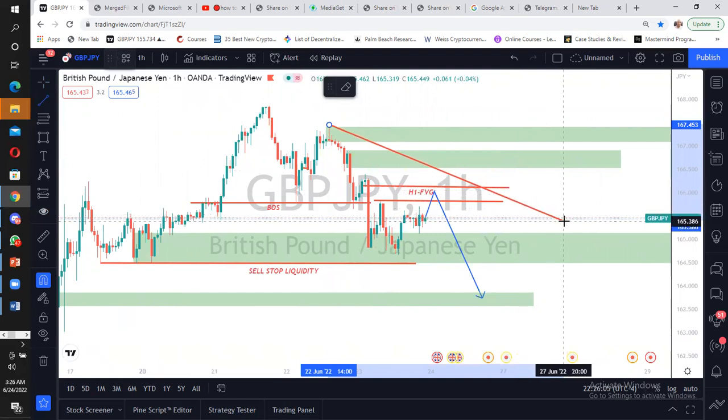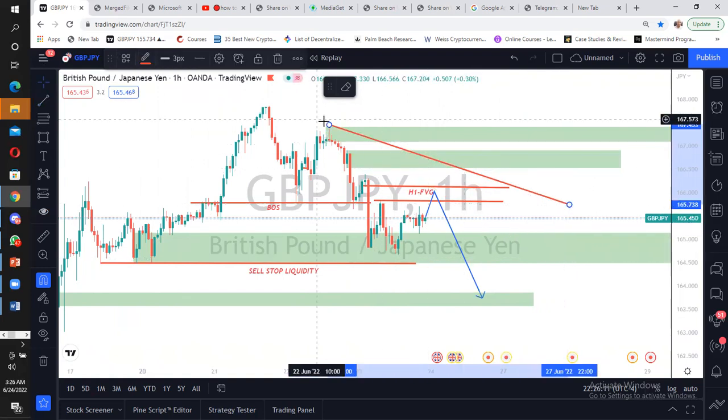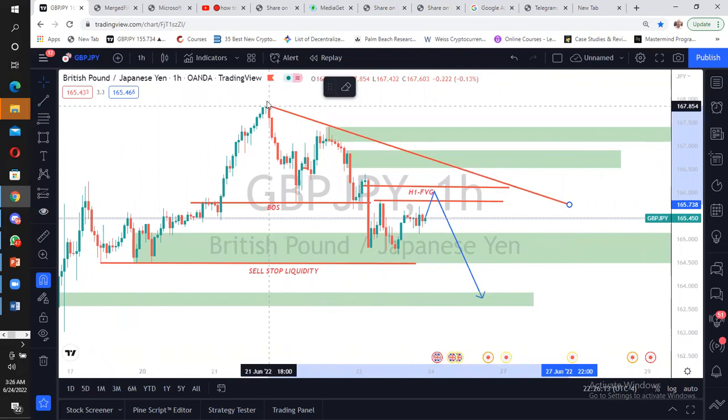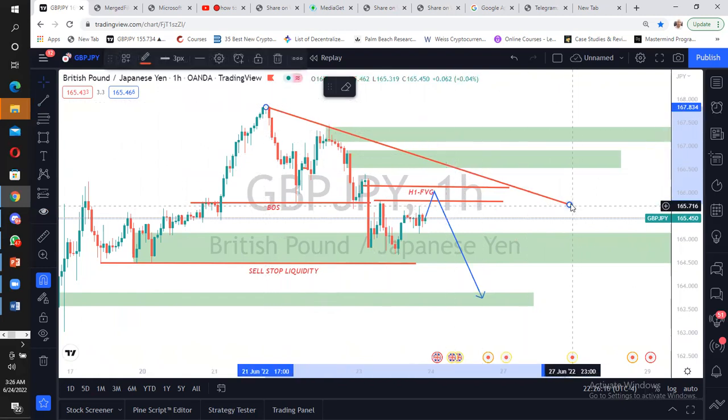Kind of a trend line, right? Let's take it from there. Just trend line.